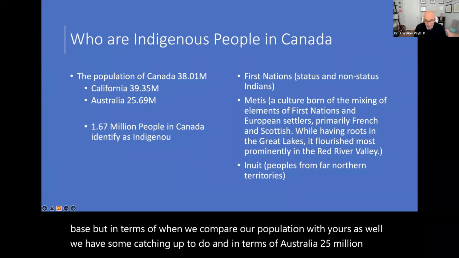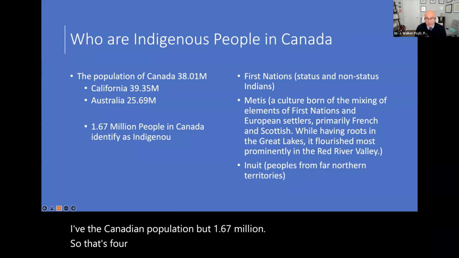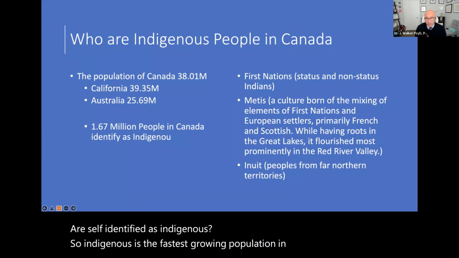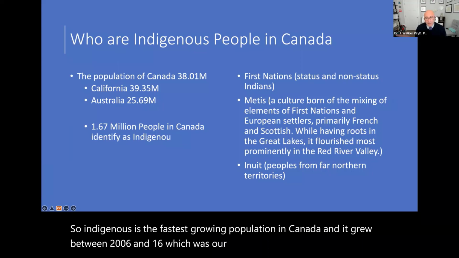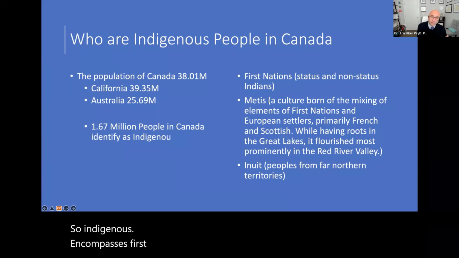So of the Canadian population, about 1.67 million, so that's 4.9%, are self-identified as Indigenous. So Indigenous is the fastest growing population in Canada. And it grew between 2006 and 16, which was our last census, by 42%. So Indigenous encompasses First Nation, which some have status, some do not.